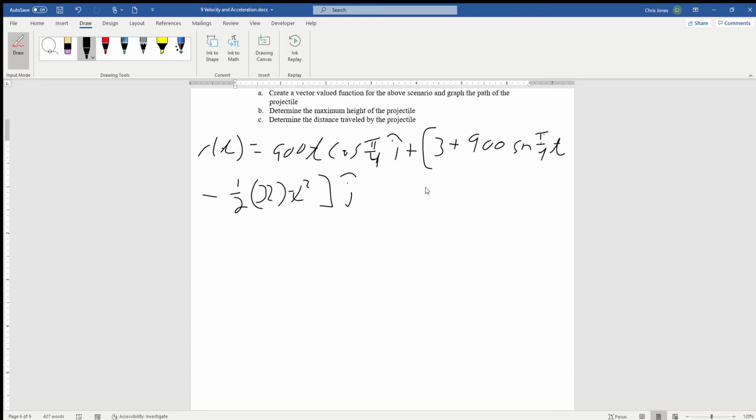And if we simplify that, remember cos and sine of pi fourths are equal to root 2 over 2.